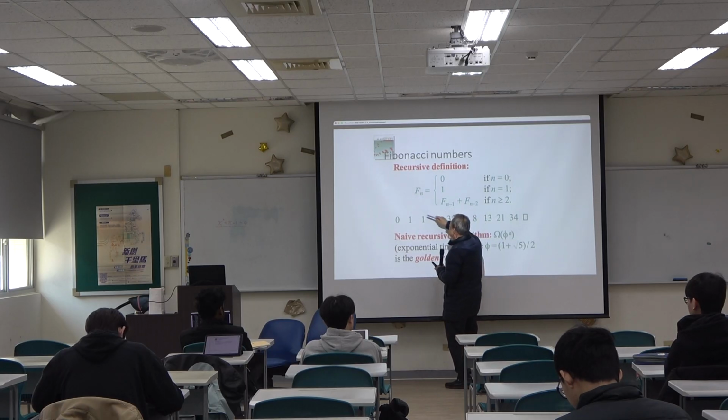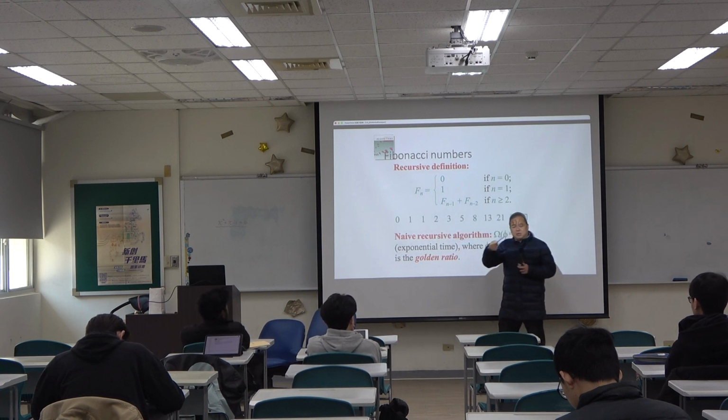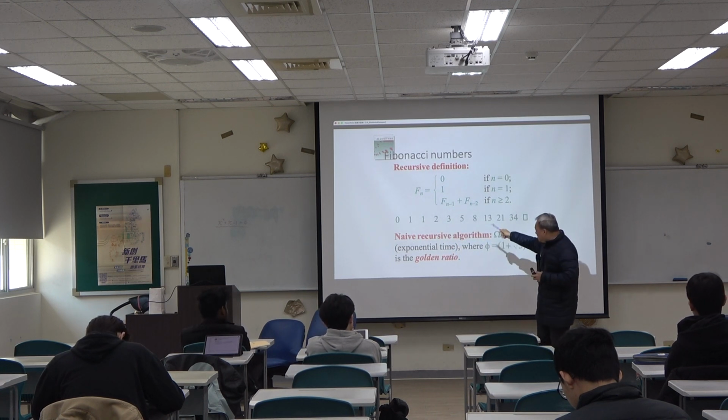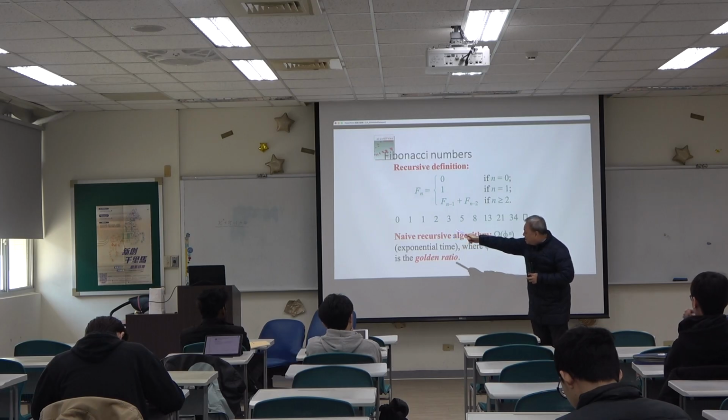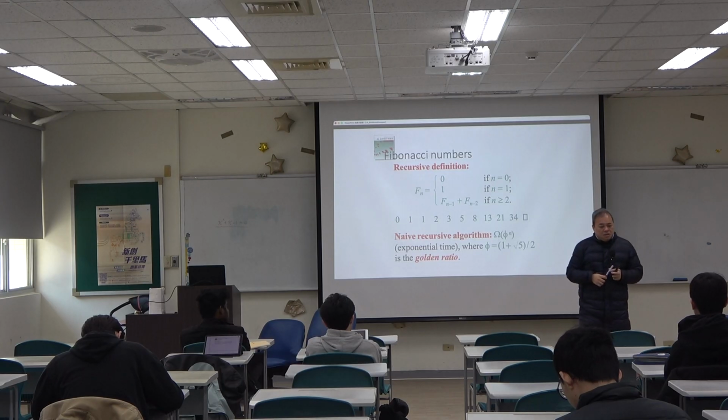You try to use 2 to the power of x to replace that, and then eventually you are able to solve for this x. This will give you that formula, and the x will come out to be something like this one, and then you are able to solve this one.